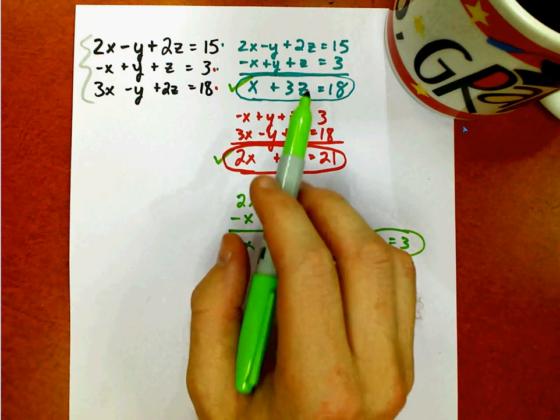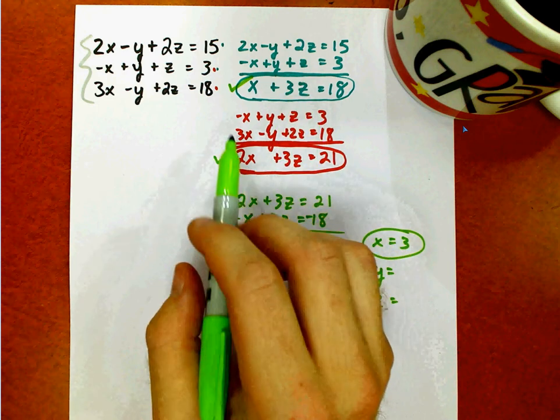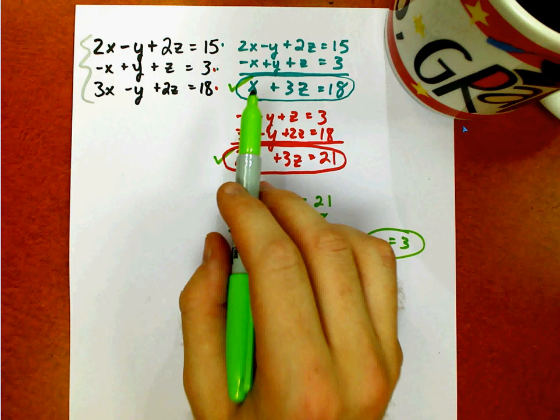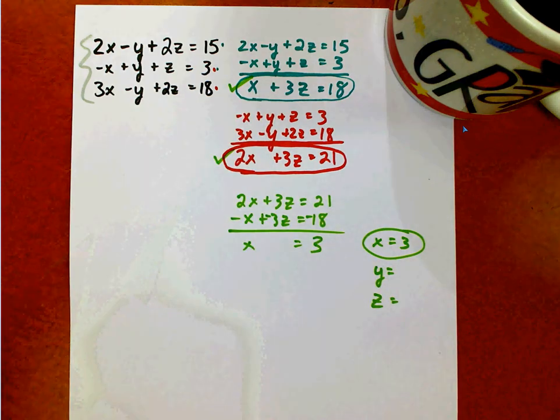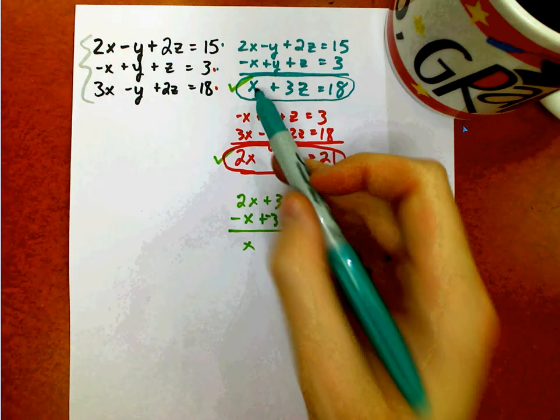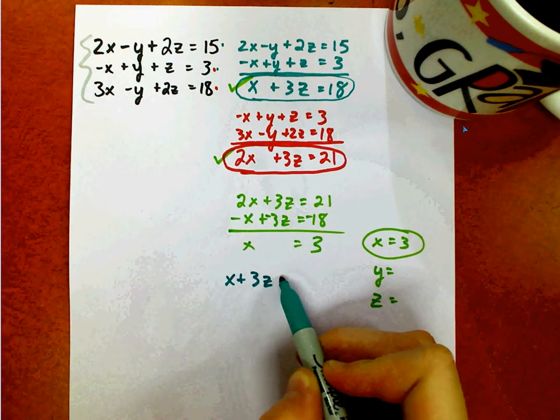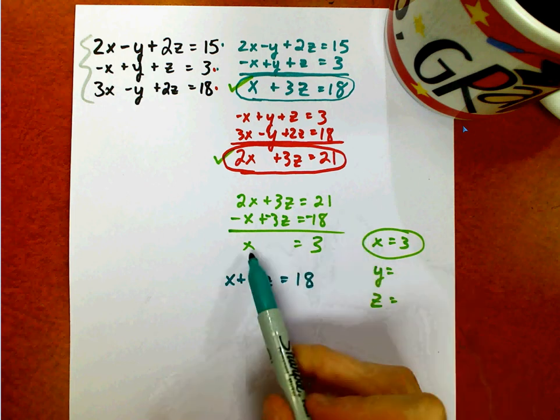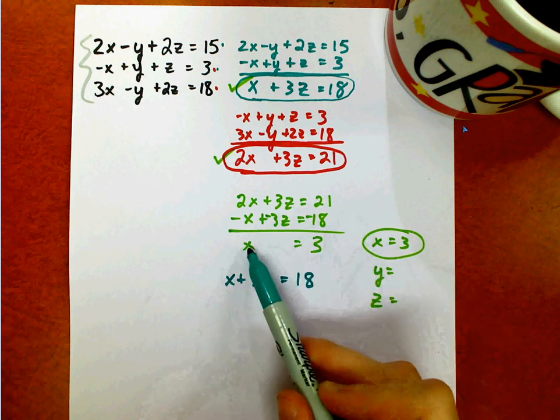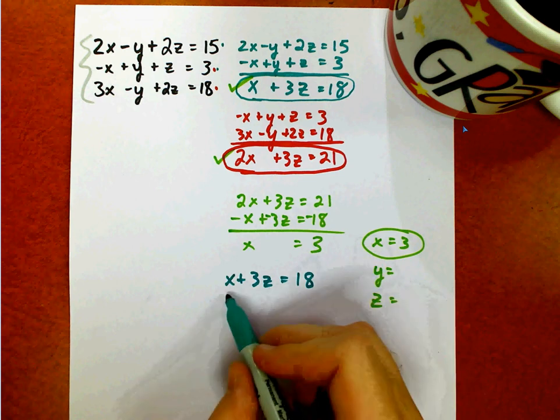I'm just going to choose one of these. Maybe I'll choose this first one that relates x and z. So I'm going to come back up here to this one, x plus 3z is equal to 18. And by substitution, I'm going to replace that x with 3, because I know x is equal to 3.